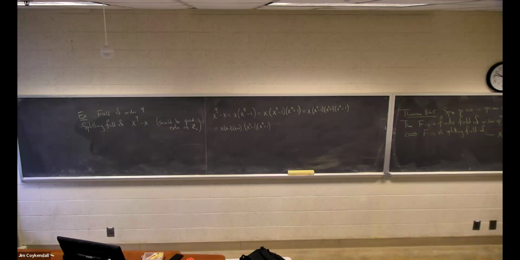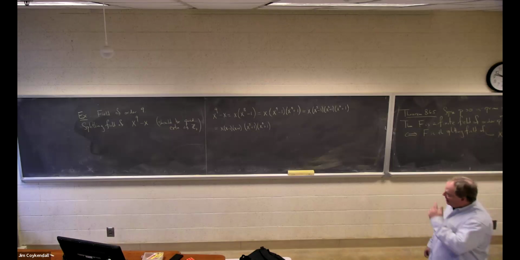Now, x squared plus one is irreducible over Z3. I have to do this test for roots. x to the 4 plus 1 is a bit of a mystery to me, though. Is it clear to you all that x to the 4 plus 1 doesn't have any roots over Z3? You plug in one, you plug in minus one, you plug in zero, none are roots.